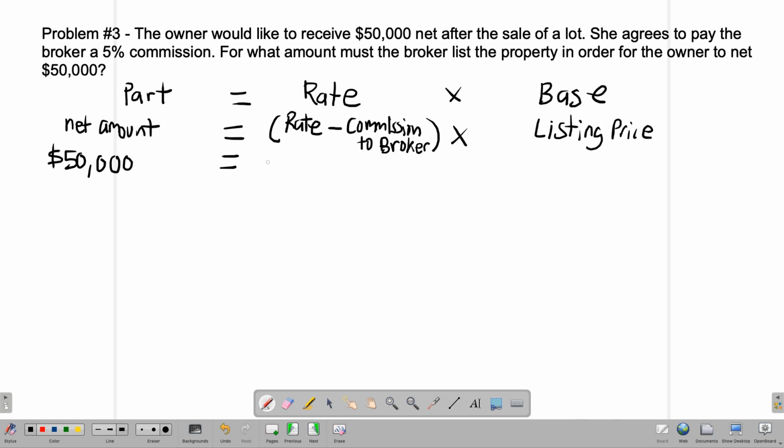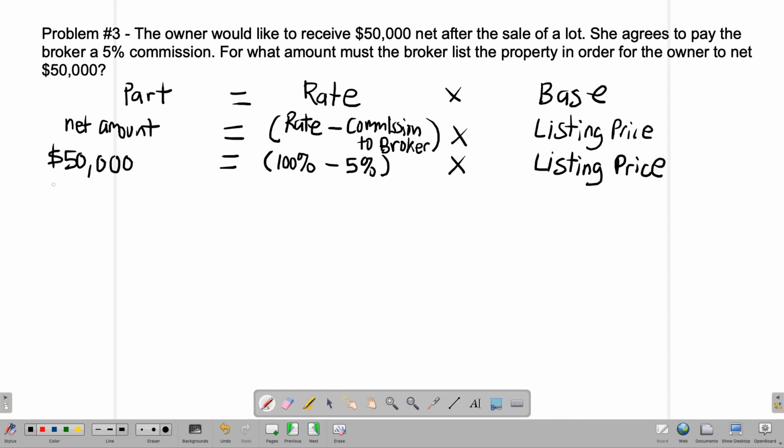In this case, we have to be theoretical here. So we're really showing 100% minus the 5%. And we're trying to determine what is the listing price that the agent must list the property. That's the goal here.